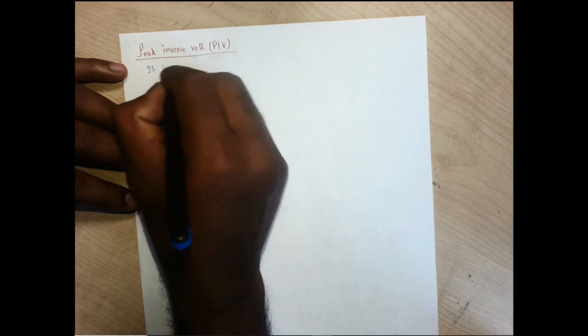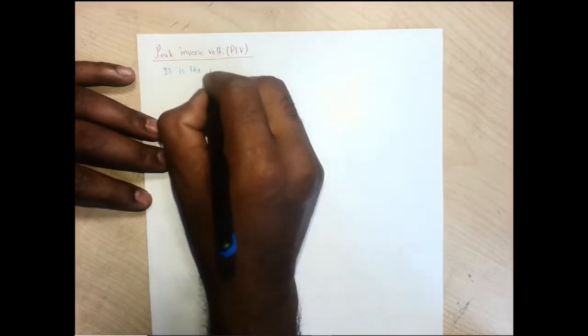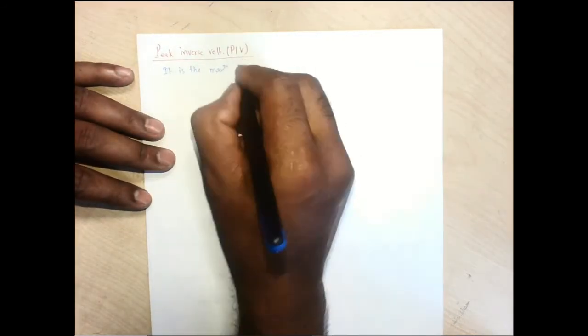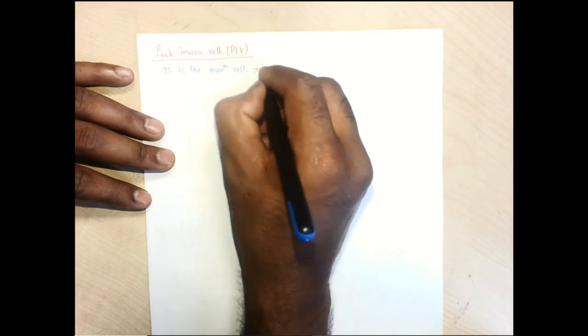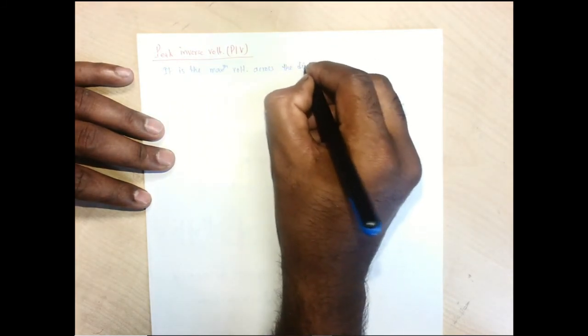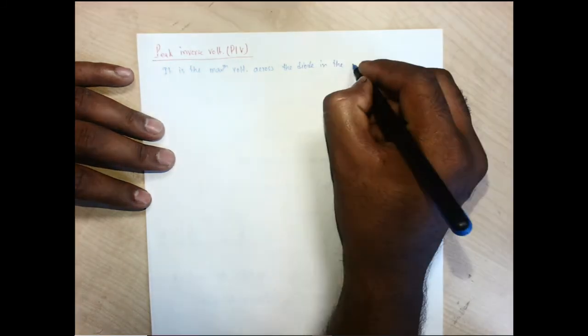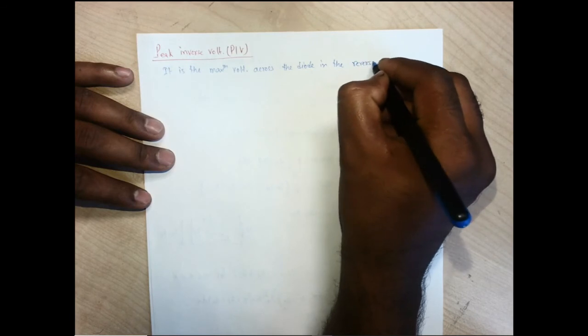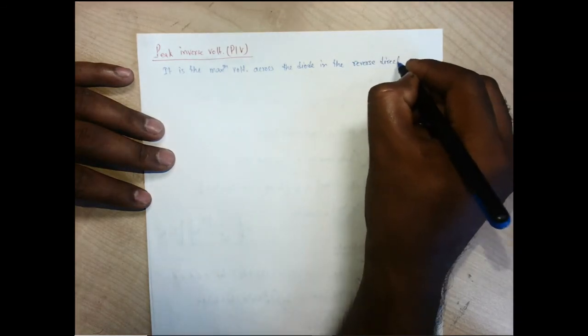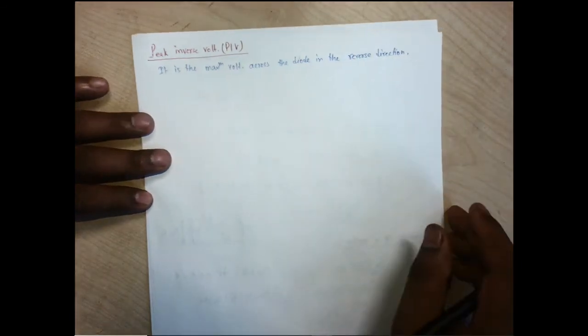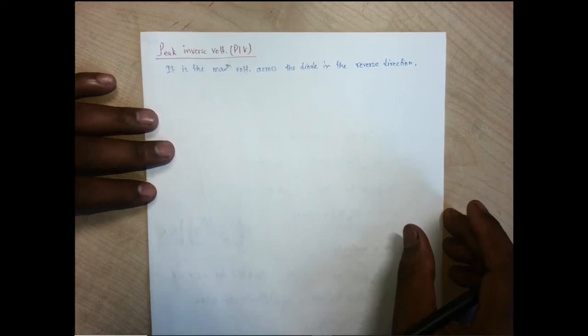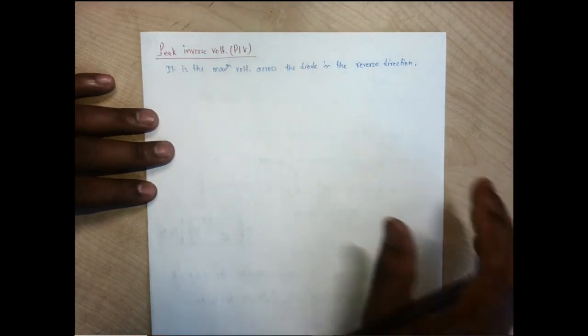It is the maximum voltage across the diode in the reverse direction. Okay, we'll find this PIV value later. Just for the time being, just remember what that is.